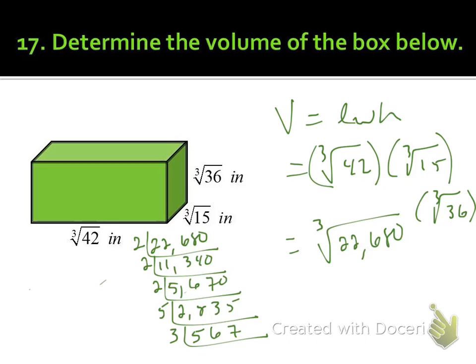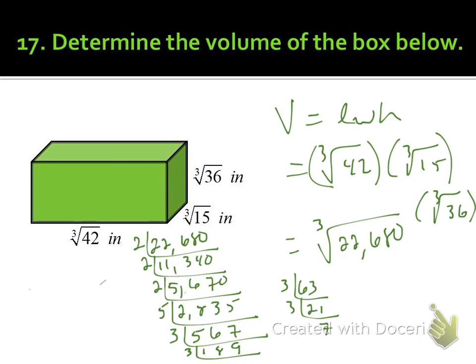So 3 will go into this 189. Yep. And I'm going to bring this over here 63 times. This is a very bad way to do this. 3 will go into 63 21 times. 3 will go into 21 7 times.